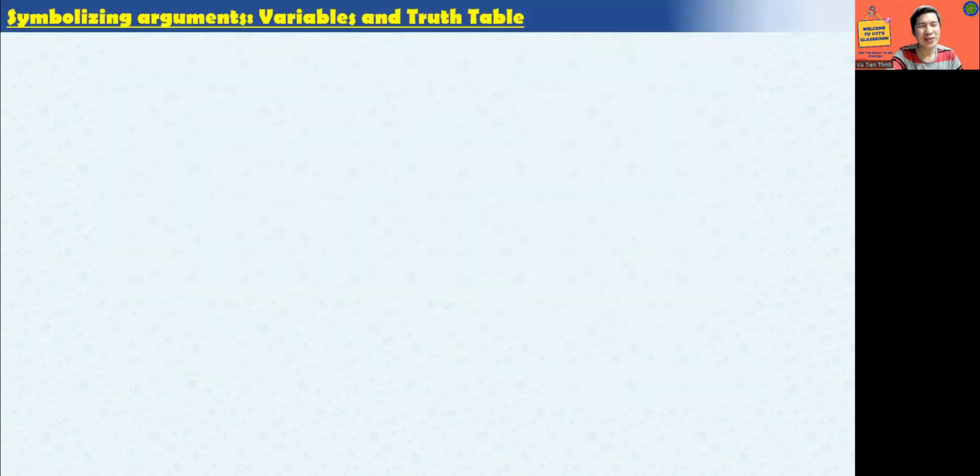Now let's move on to what we say variables. Now we are going to symbolize a statement with a variable. It means we are going to assign a letter, and it stands for the whole statement.